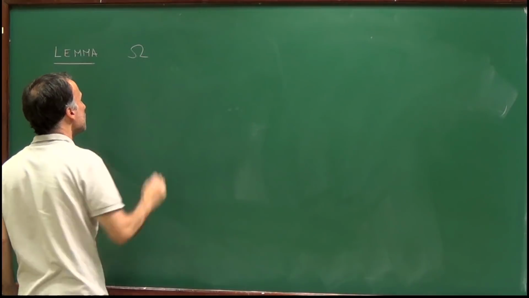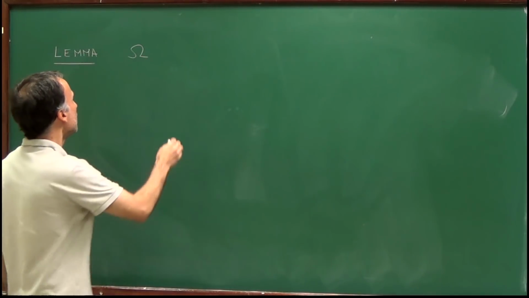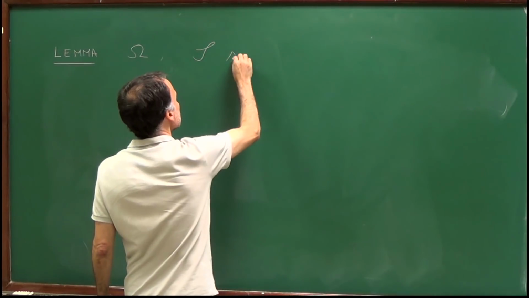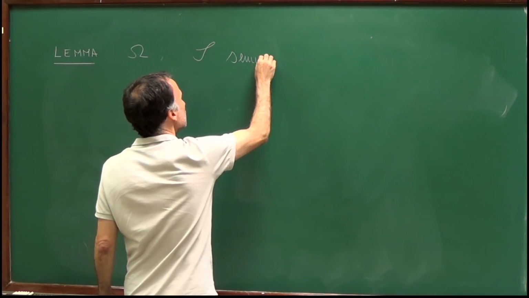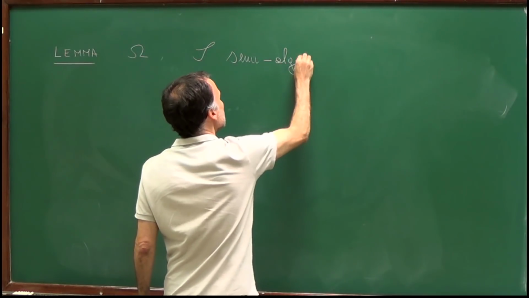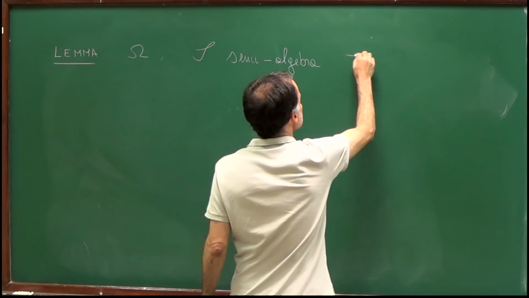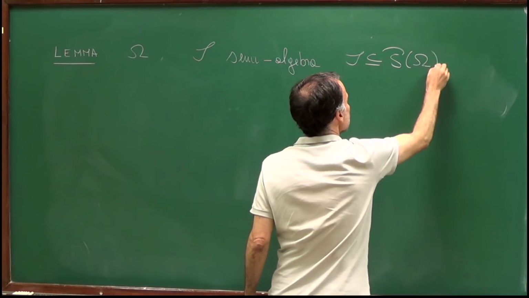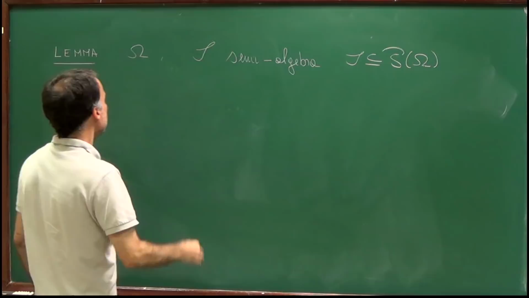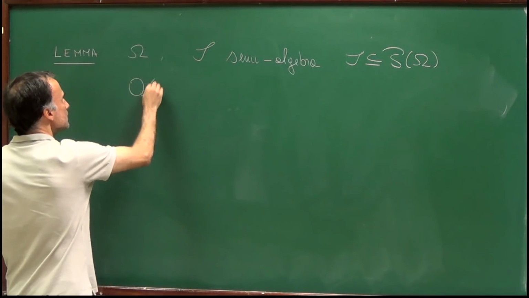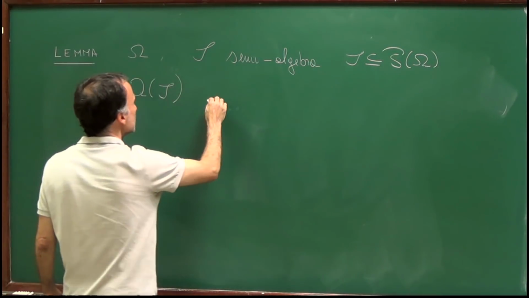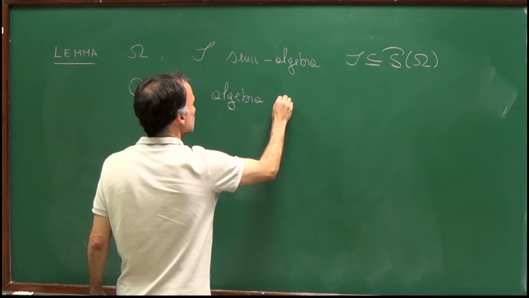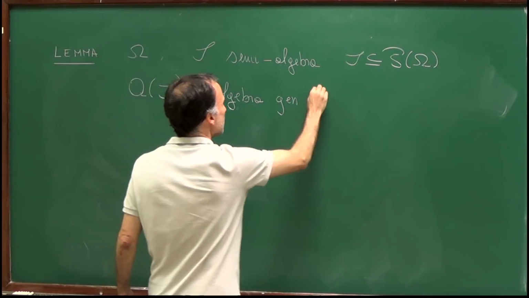Let's consider a set omega, and let S be a semi-algebra of subsets of omega. Now let's denote by A of S the algebra generated by S.